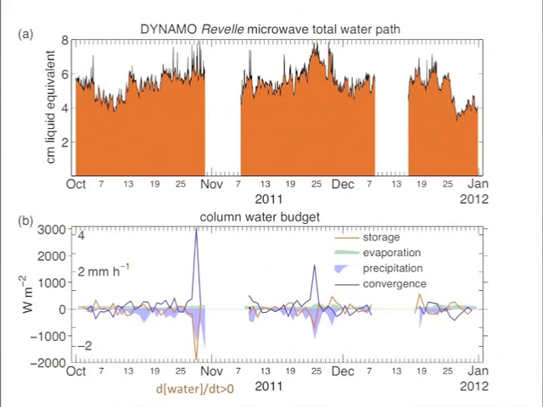So what this means is that the convergence of water vapor, if the evaporation is more or less the same, it can vary maybe 50% at most.